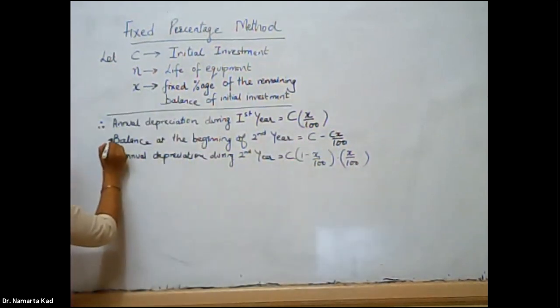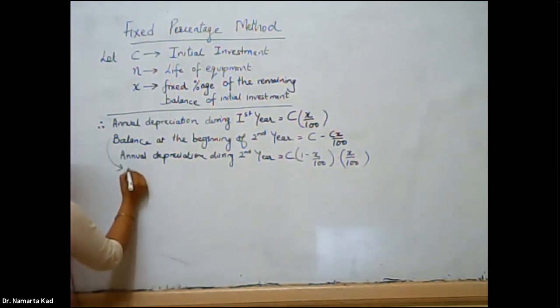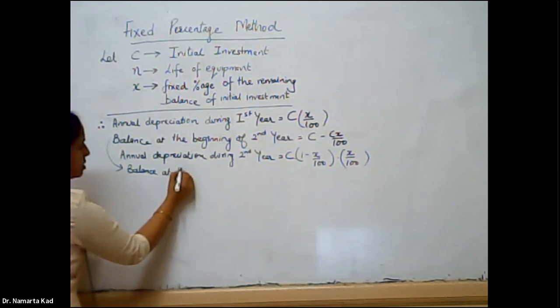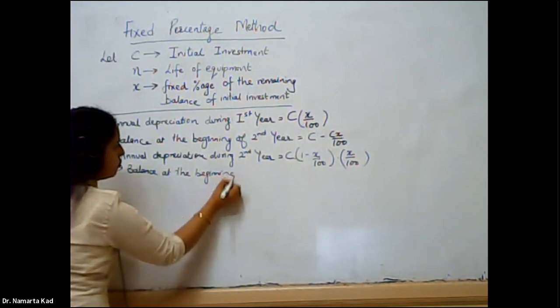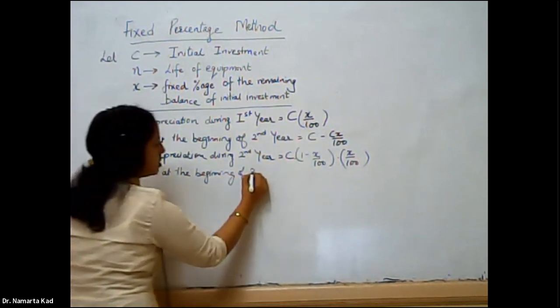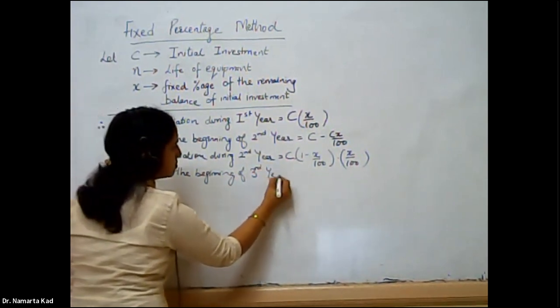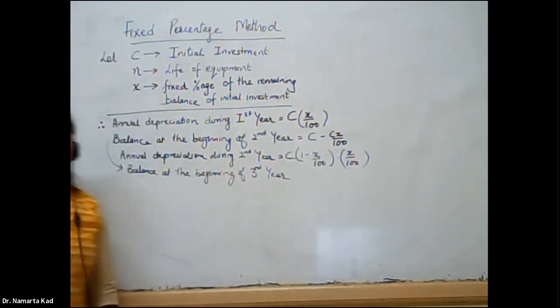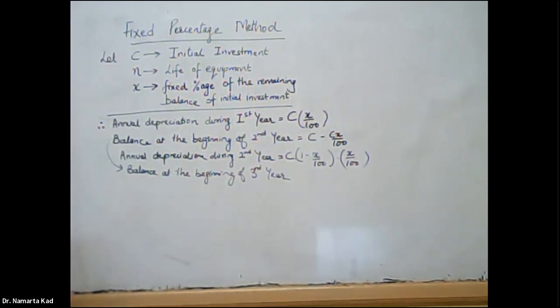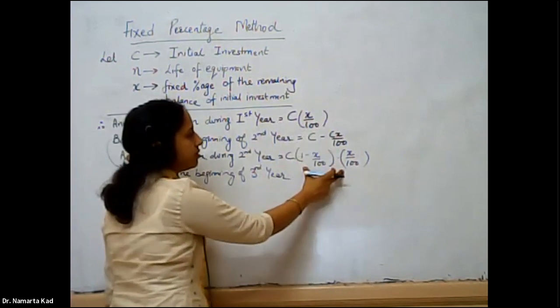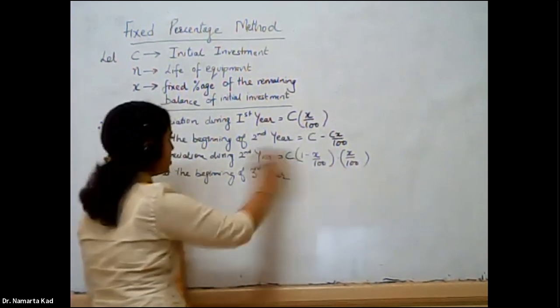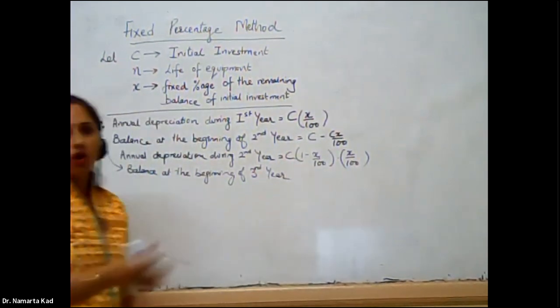Now again repeating this line, balance at the beginning of third year. So what does this become? This is the balance at the beginning of second year. This is our annual depreciation during second year. And now what is left?